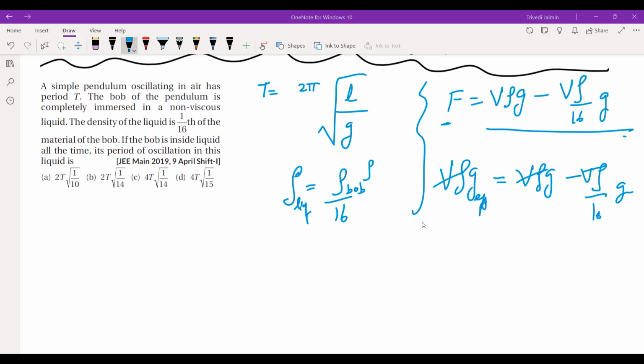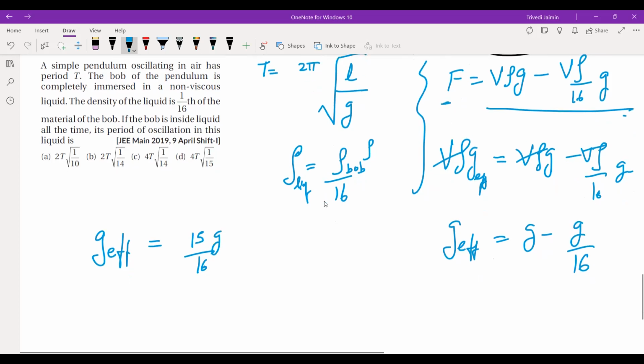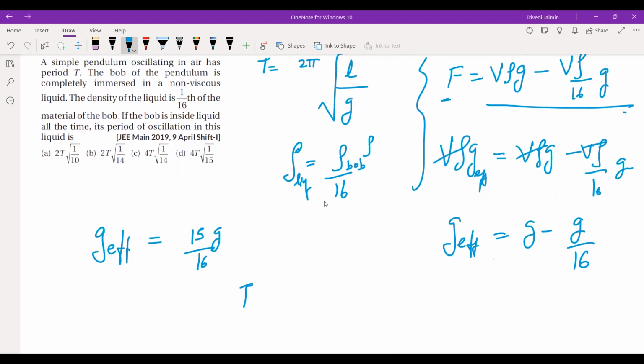So g effective equals g minus g by 16. That means g effective equals 15 by 16 g. Now let's substitute that in this equation. T equals 2 pi root L by (15 by 16) g, so 2 pi root of 16 L by 15 g.